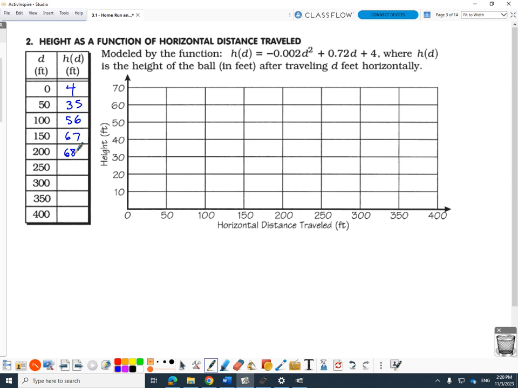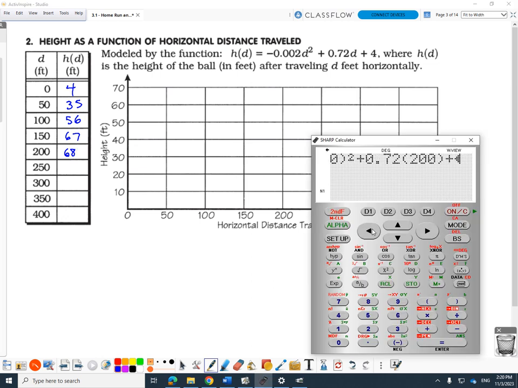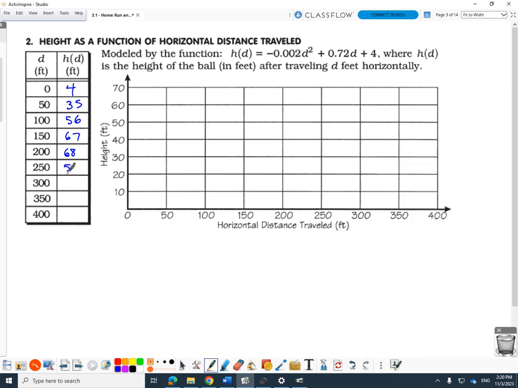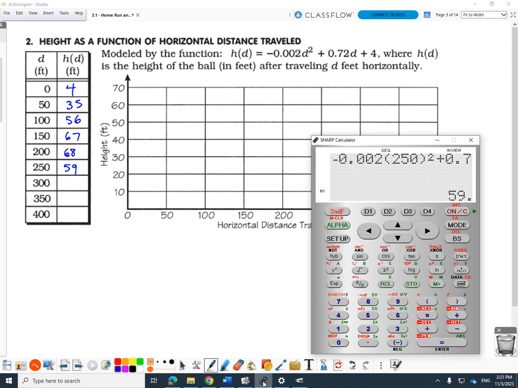And what do you think's coming next? I don't know. Let's type it in and find out. 250. 59. It's on its way back down. Then 300. Okay, 300 is getting close to the wall now.